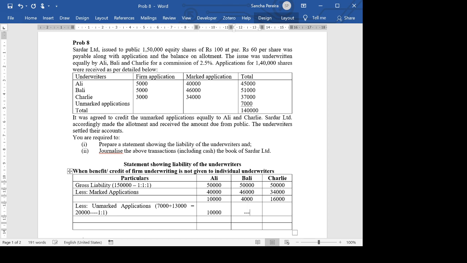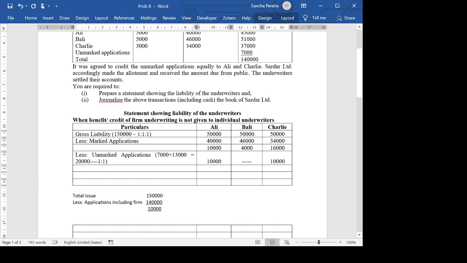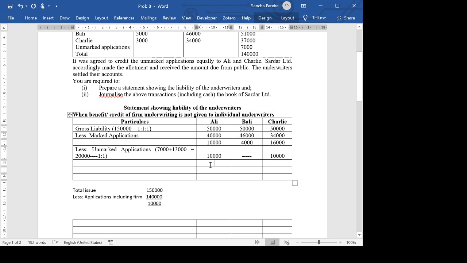This guy does not get anything. And here it will be 10,000. So if you see here, Ali doesn't have to take up any shares. Here it is 4,000 and here it is 6,000.